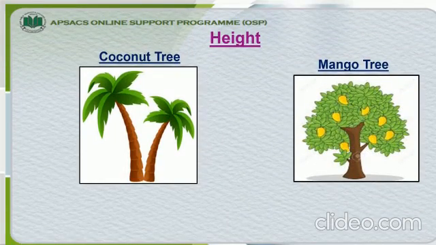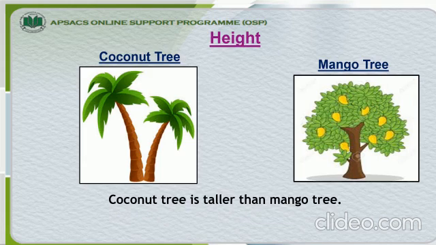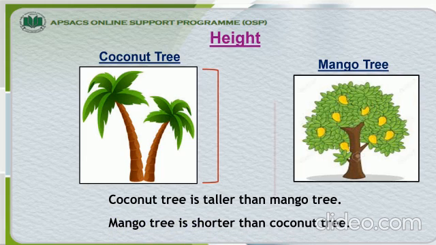Similarly, you can see that there are two trees, coconut tree and mango tree. So the coconut tree is taller than the mango tree, and we can also say that the mango tree is shorter than the coconut tree.